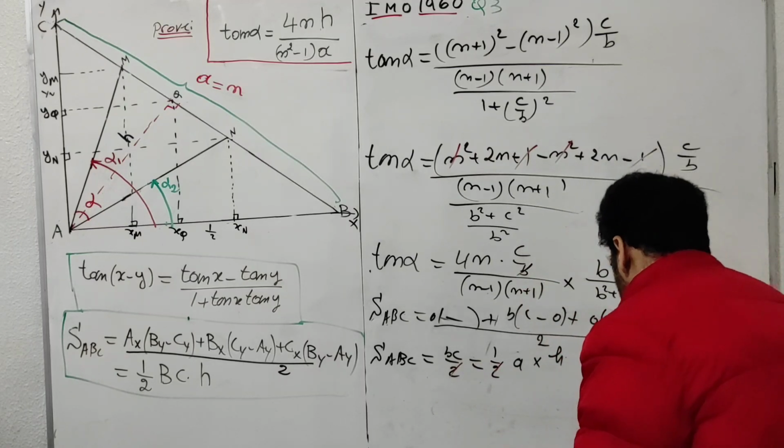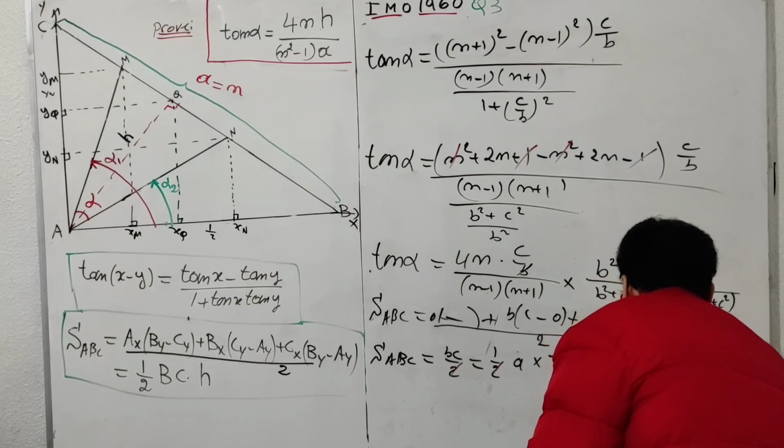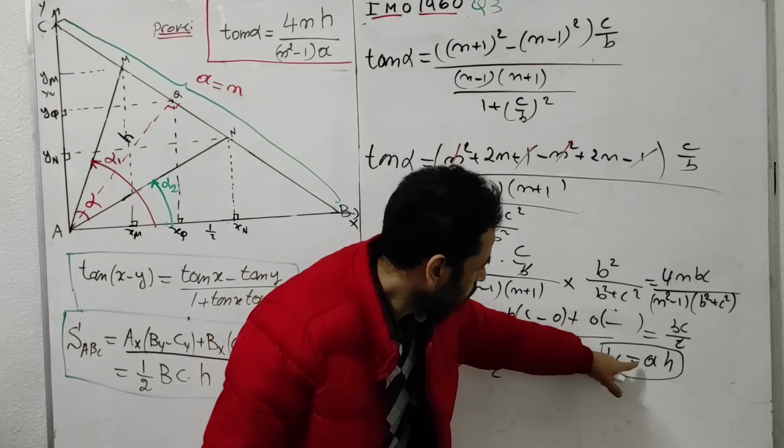I will get BC equal to A multiplied by H. Now I'm going to replace BC with AH.